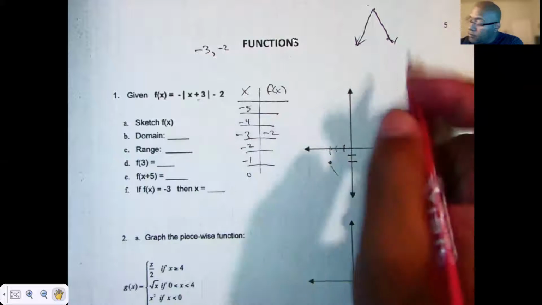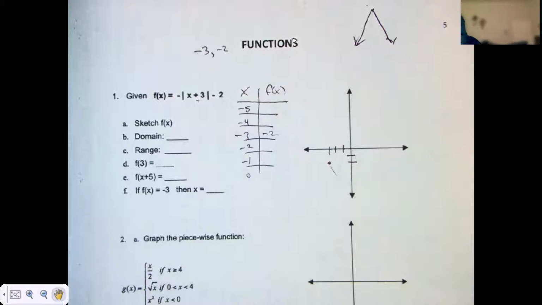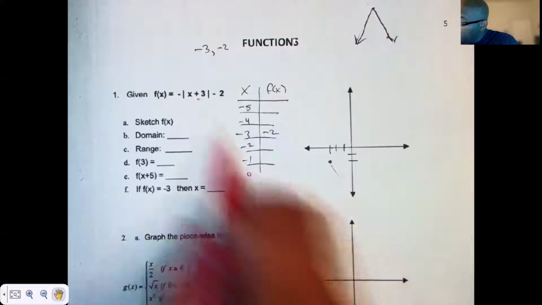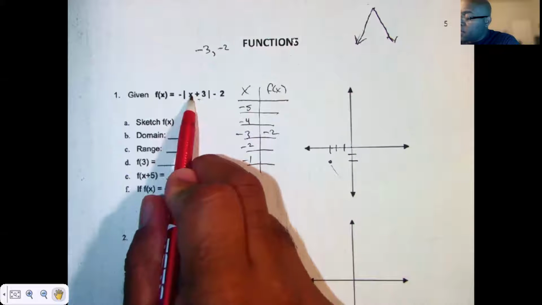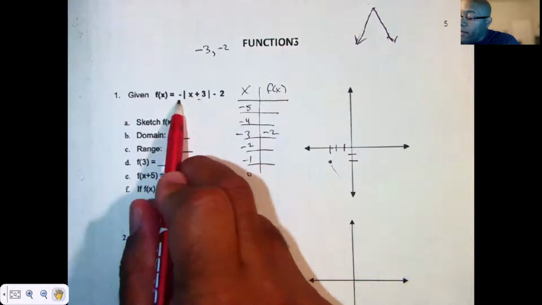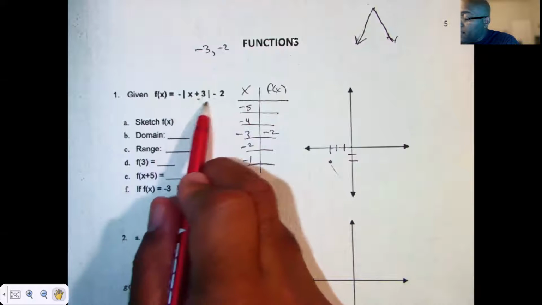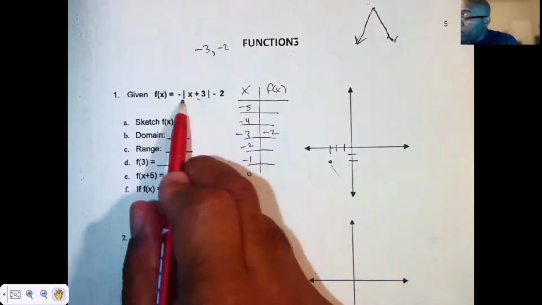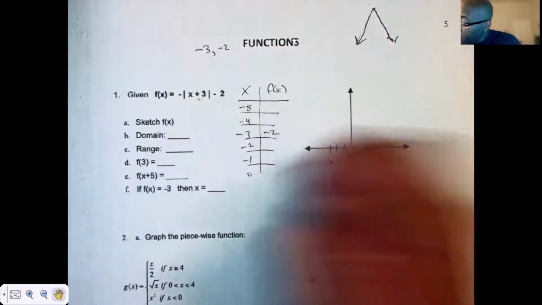All right, so let's plug in points and see what happens. If I plug in 0 in here, 0 plus 3 is 3, but I have a negative here. So a -3 is going to be -3 minus 2, which is -5.